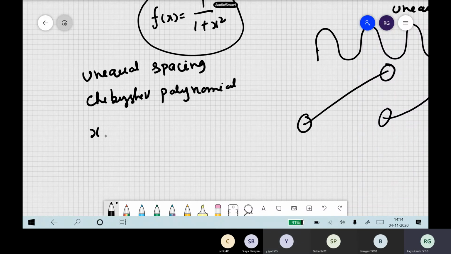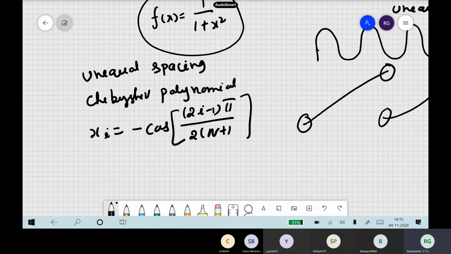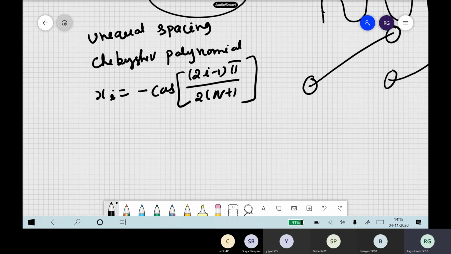For our exercise, for your interpolation, where they are located: you remember last class, cos of (2i minus 1) times pi over 2 into (n plus 1), something like this. These are the Chebyshev nodes, the roots of the Chebyshev polynomial.